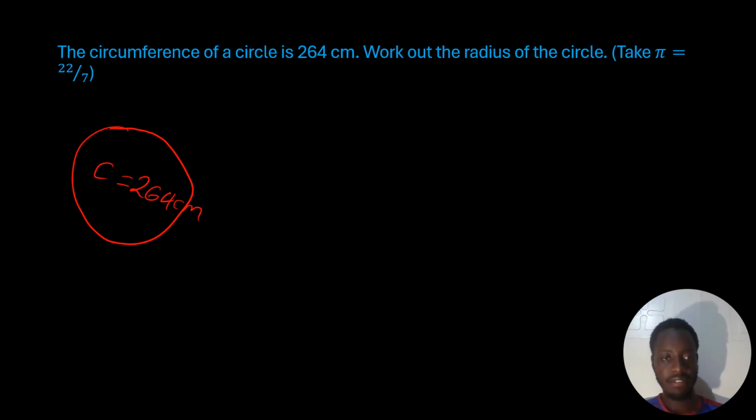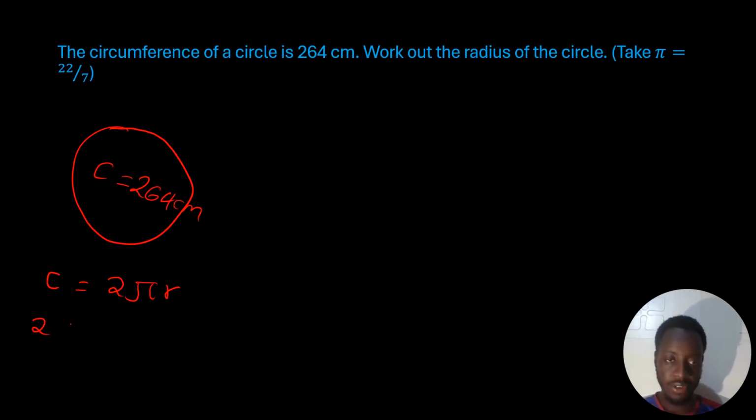We know circumference is equal to 2 pi r. But in this case, we have been given circumference. We have been given pi, but we have been asked to find the radius of the circle. So we can always work this one out, provided we have only one unknown, which is the radius.